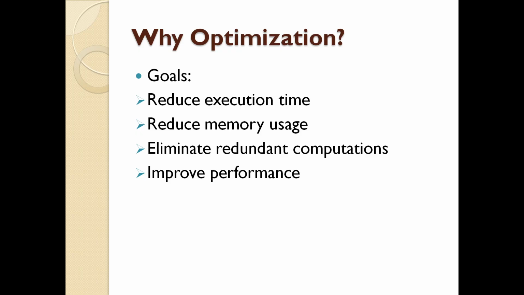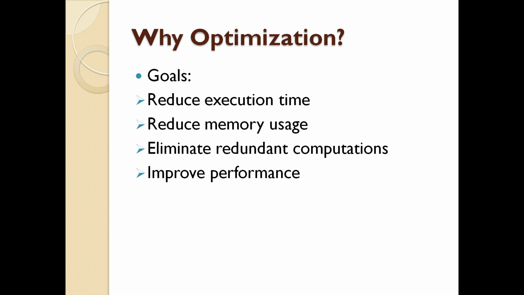It reduces the redundancy so that performance will be improved. So that is why this optimization is very important. Optimization means improving the program without changing its output. The answer produced by the program remains the same, only efficiency improves.